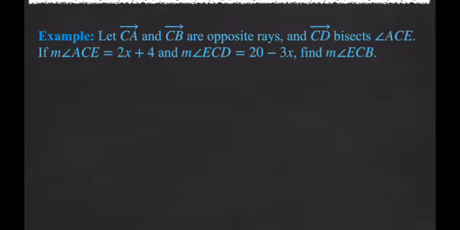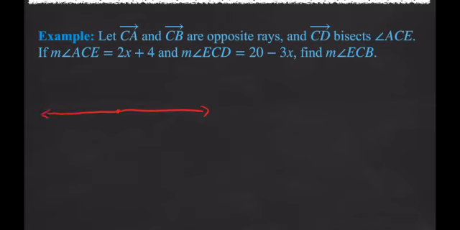In this example, we are given that we want to let ray CA and ray CB be opposite rays. Remember that we said a little bit ago that opposite rays form a straight line. So they just are opposite each other.